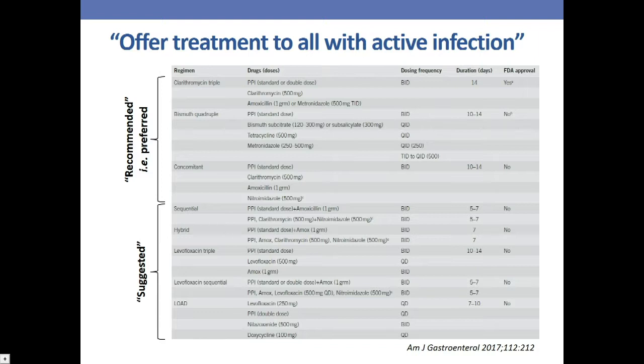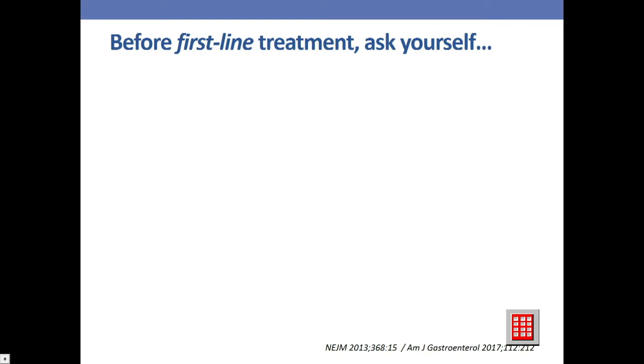There's more data looking at the three recommended ones, so these are the ones I'll focus on: clarithromycin triple therapy, the one that used to be first line and still remains first line, bismuth quadruple therapy, and concomitant therapy, which is also called non-bismuth quadruple therapy.